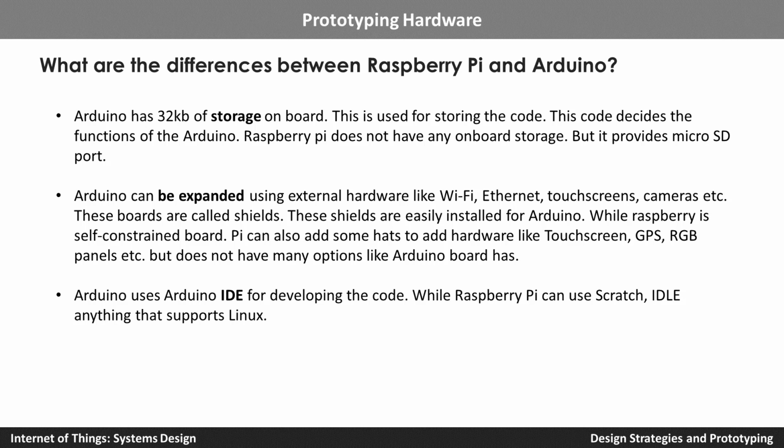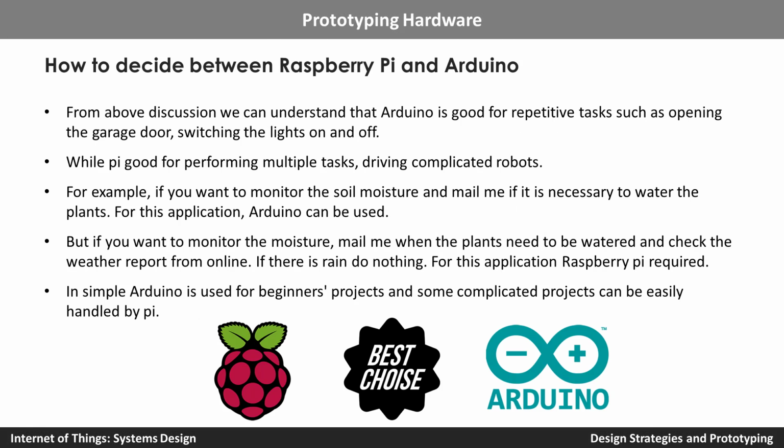Raspberry Pi OS is a variation of the Linux operating system. As I repeatedly mentioned before, Raspberry Pi and Arduino are not something that you compare against each other. One type is best suited for a particular type of task. The other one is suitable for a different type of task.